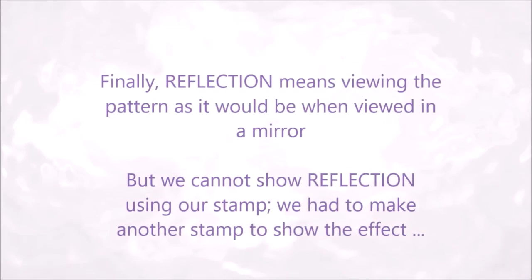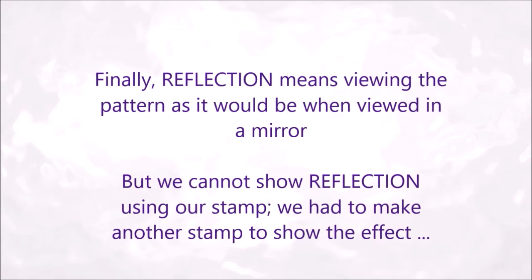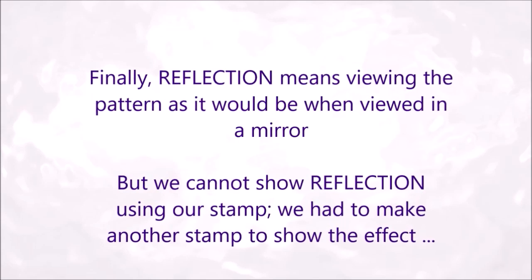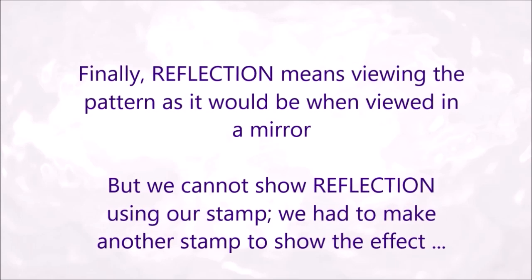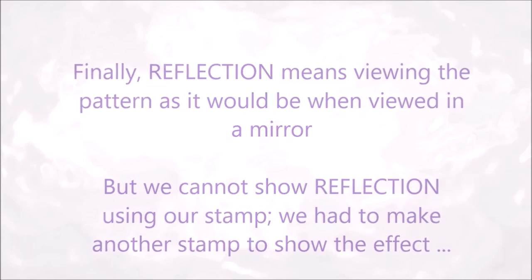Finally, reflection means viewing the pattern as it would be when viewed in a mirror. But we cannot show reflection using our stamp. We had to make another stamp to show the effect.